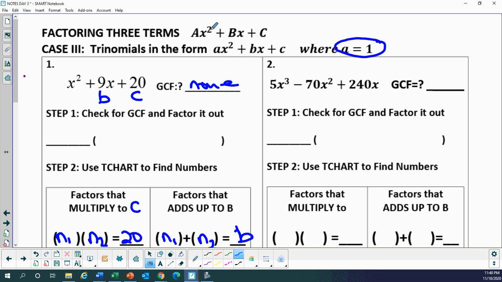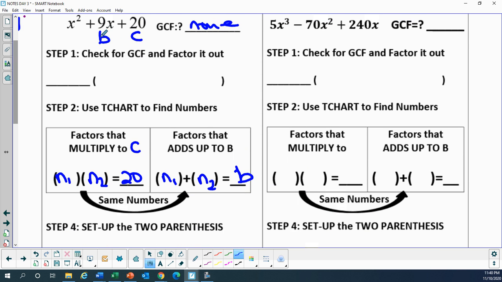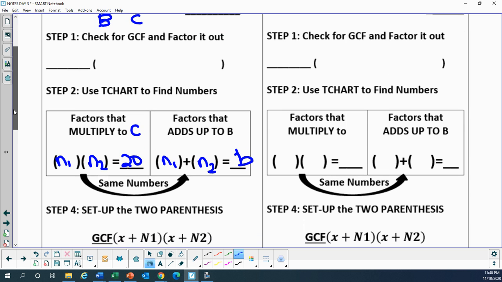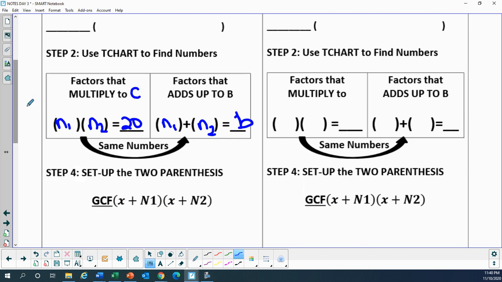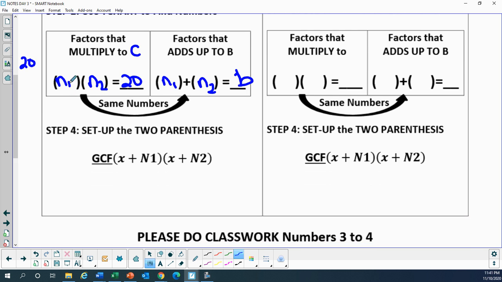Back to here, ax squared plus bx plus c. I've done this in Algebra 1. So this is your B, this is your C. So usually what we need to do is look at the number. What is C? C is 20. So I'm going to look at 20 and try to find two numbers that, when I multiply them, give me 20.